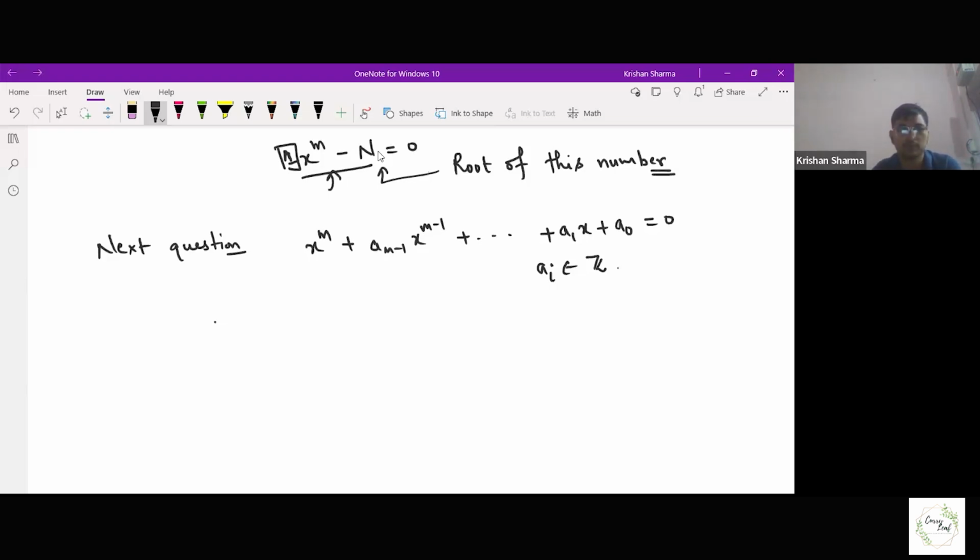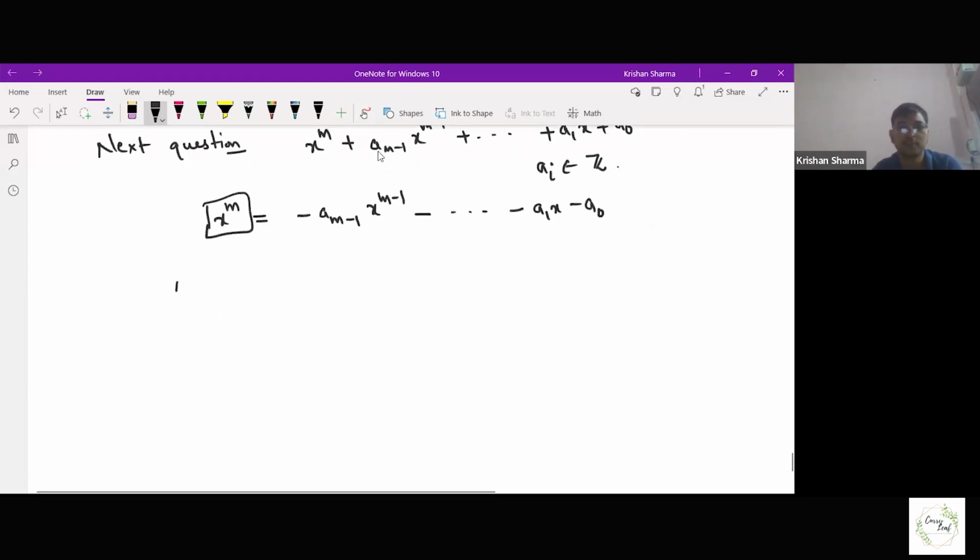That's very easy. All you have to see is that x raised to power m is nothing but minus a_(m minus 1) x raised to power m minus 1, and if you go on, minus up to minus a1x minus a naught. So that's the value of x raised to power m. And again, you take a as the greatest integer of x, and then you consider the numbers r1, which is x minus a, r2, which is x minus a whole square.